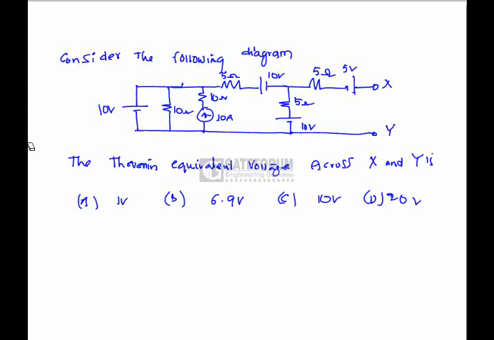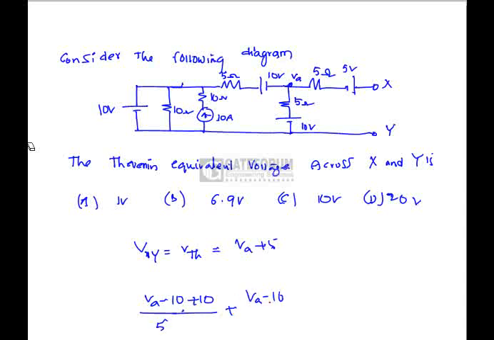Check the following diagram. Thevenin's voltage across V_XY is. Suppose we indicate this node as V_A, V_XY is nothing but V_Thevenin, which is V_A plus 5. Here V_A we can get from (V_A minus 10) plus 10 divided by 5 plus (V_A minus 10) by 5 equals 0.